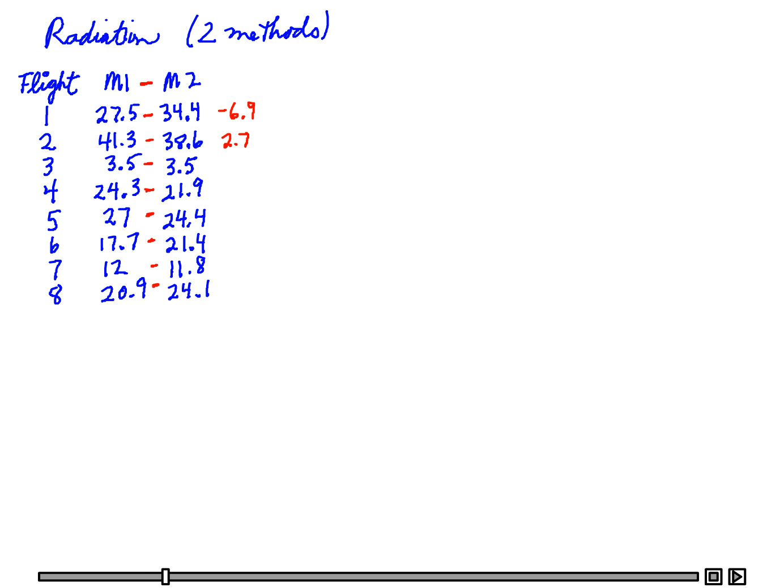So my 27.5 subtract 34.4 is a negative 6.9, but 41.3 being larger than 38.6, subtracting them gives me a positive 2.7. 3.5 subtract 3.5 is 0, and then I get a 2.4, a 2.6, negative 3.7, a 0.2, and negative 3.2.